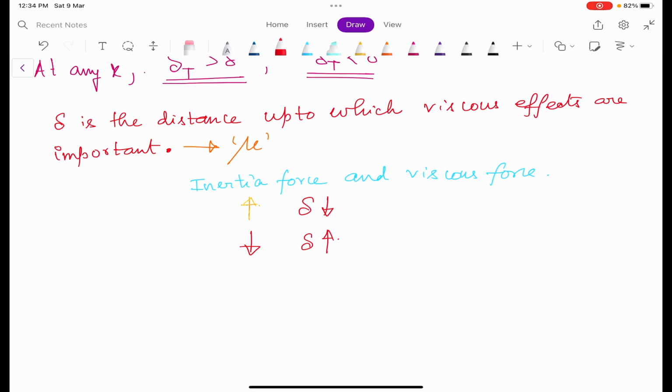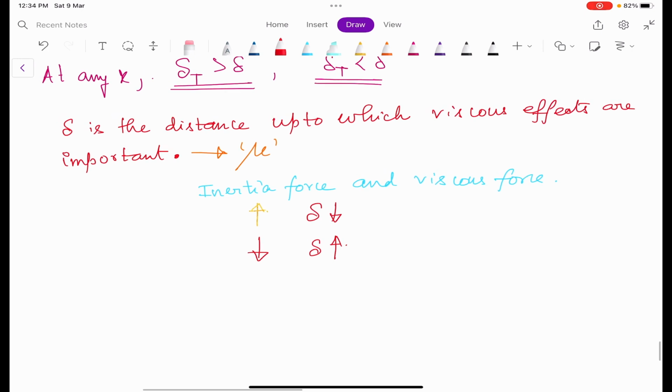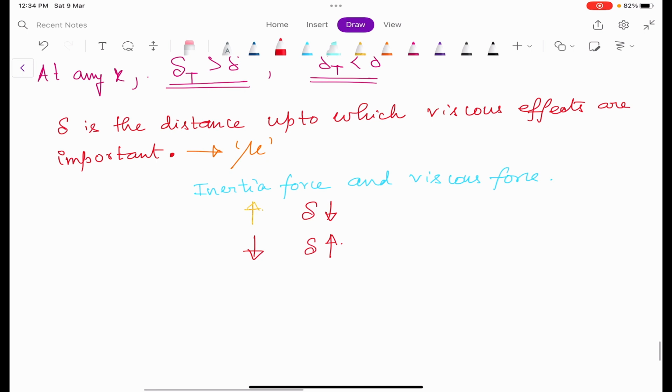But not only with the inertia force, it will also depend on the viscous force. Now you think, if the viscous force is greater, then at the same y the velocity will be lesser, and the difference between u infinity and that velocity will be greater. So to reach u infinity, the velocity profile has to grow up to a larger vertical distance.